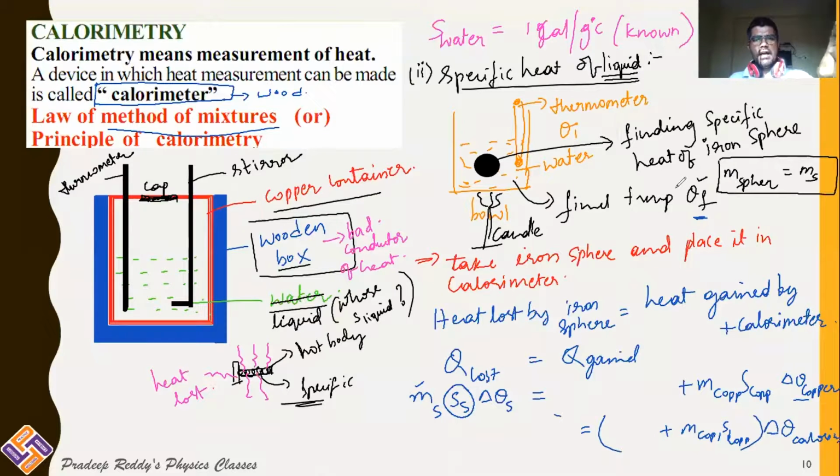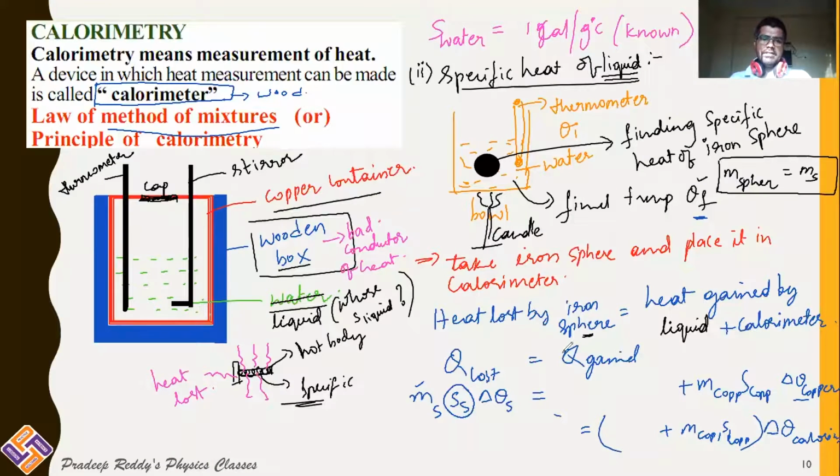In that calorimeter we already have the liquid whose specific heat is to be measured. Therefore, heat is lost by the iron sphere. Who is gaining heat energy in this case? The liquid is gaining heat energy, as well as the calorimeter. So I can simply write heat lost by iron sphere is equal to heat gained by liquid plus calorimeter. So heat lost by iron sphere, that is Q lost, is equal to Q gained.